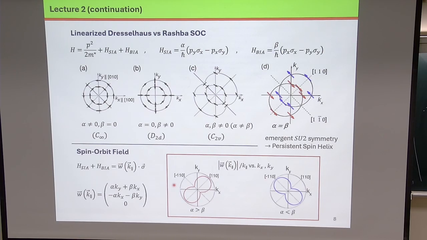But when you have both of them, you have this figure eight, and you see, let's say, the spin-orbit field strength around 110 is different than around -110. I just want to show that it is anisotropic, and it's related to something that I will show you later on. Actually, this axis of symmetry can be flipped when you change the relation between the strength of Rashba and Dresselhaus spin-orbit coupling. If alpha is larger than beta, you get this symmetry axis around 110. Otherwise, you get it around minus 110. Okay?